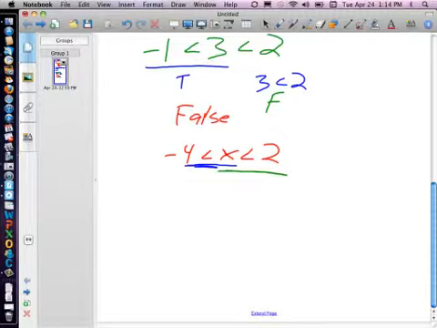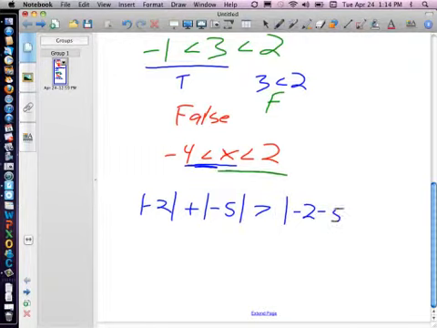You'll also have to determine if things are true using absolute value, because we're going to use more absolute value later on in the chapter. So if I have a statement that looks like this, the absolute value of negative 2 plus the absolute value of negative 5 is greater than the absolute value of negative 2 minus 5.